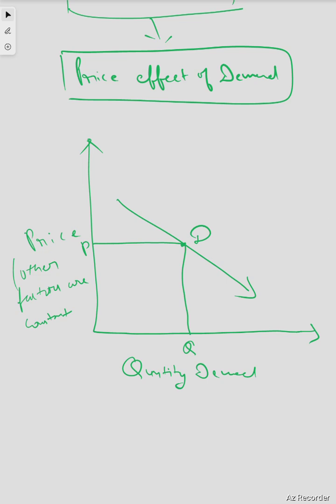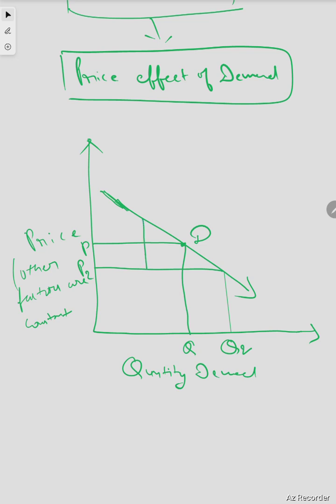Next we can say when demand expands, quantity demanded expands to here, make it Q2, and price is here, it's price 2.